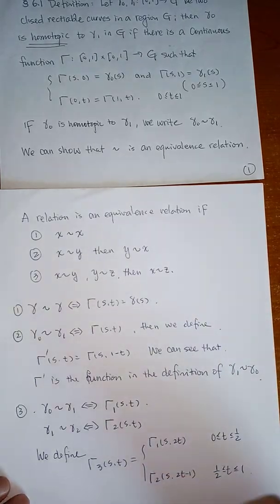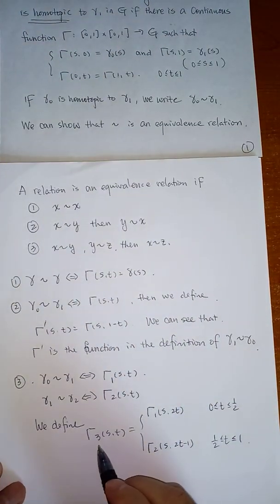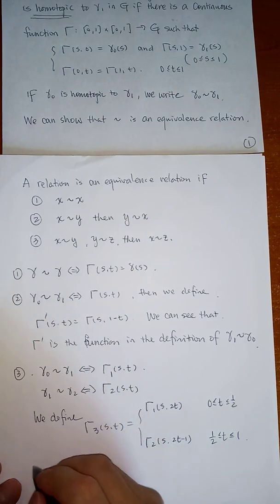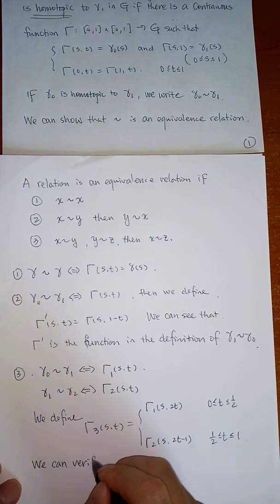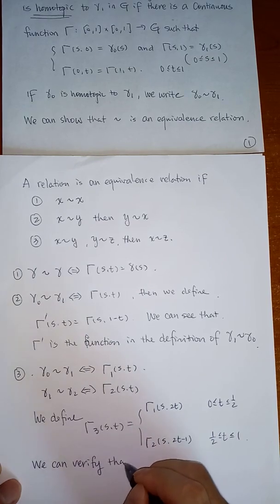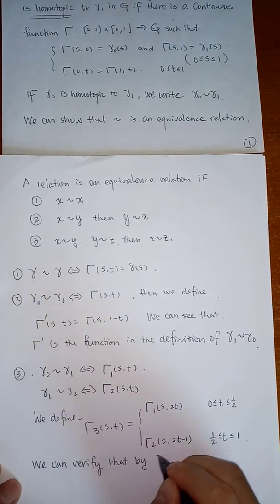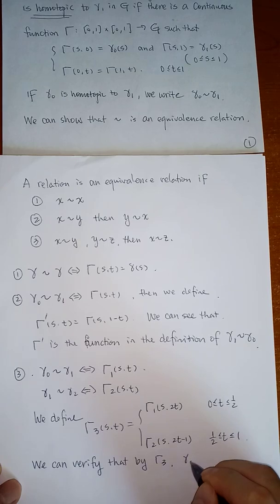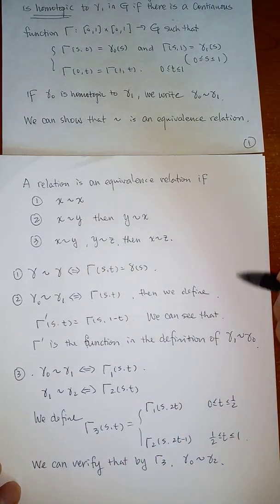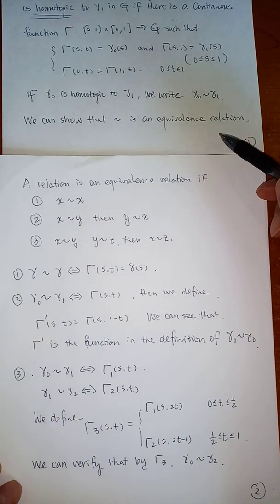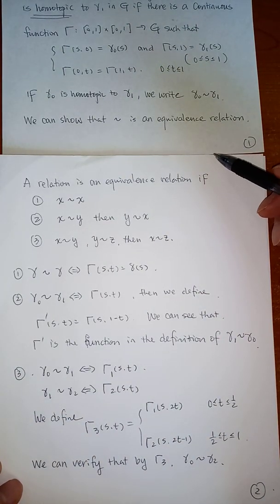By this capital Gamma 3, we can verify that gamma 0 is equivalent to gamma 2. So this is the verification of the statement that homotopy is an equivalence relation.